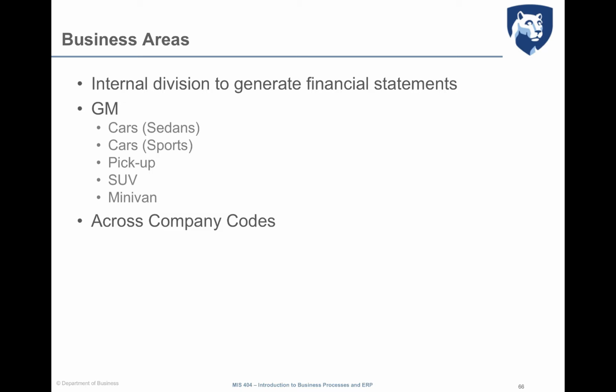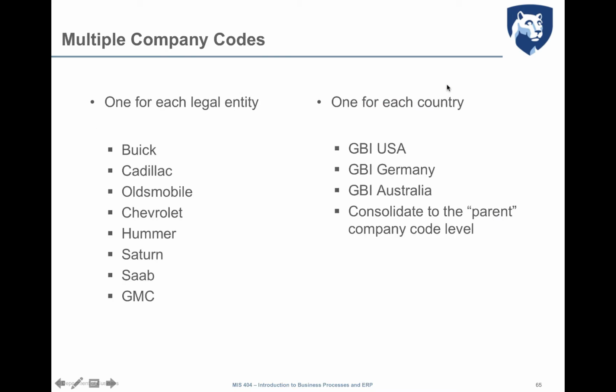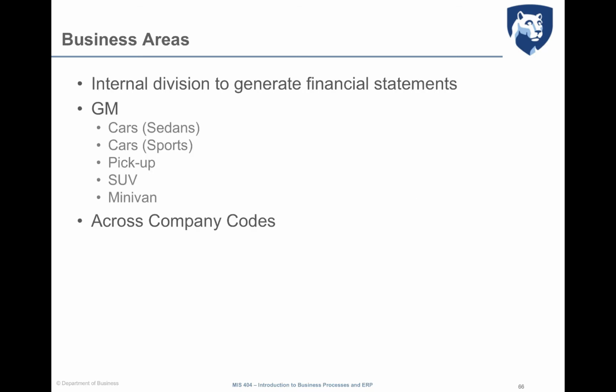Then we should always remember that in each company, business areas exist. Business areas are essentially internal divisions of an enterprise that are used to define areas of responsibility or to meet external reporting requirements of an enterprise segment.